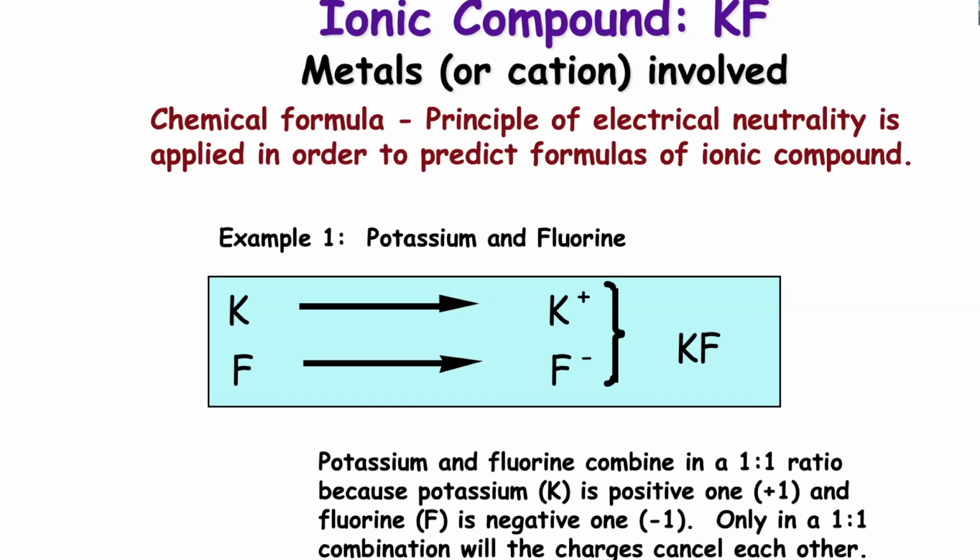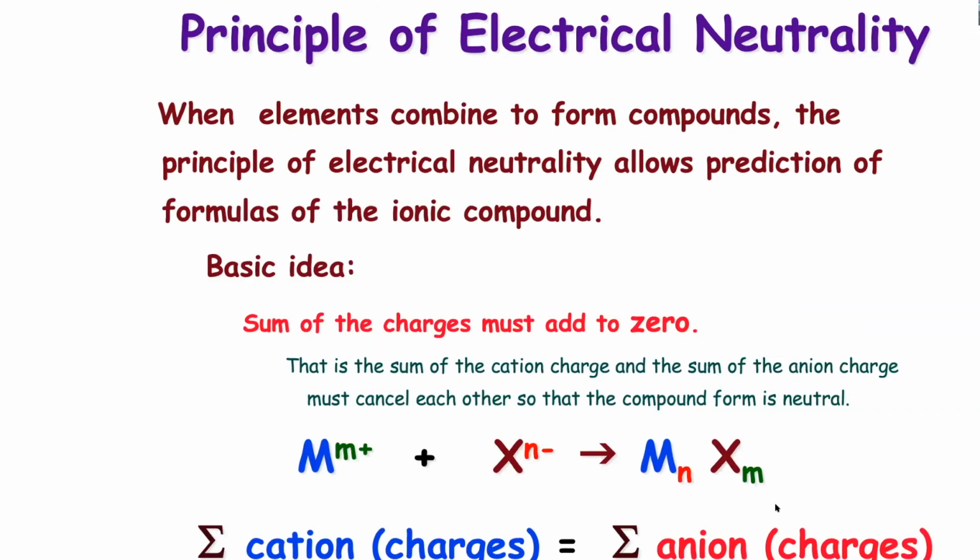Let's take a look at another example. Well, before we do that, make sure that when you write an ionic compound, you know the common charge of the metal, and again, you just have to look at the periodic table. You know the common charge of the anion. The key to forming an ionic compound is that when the elements meet together, it has to be electrically neutral.